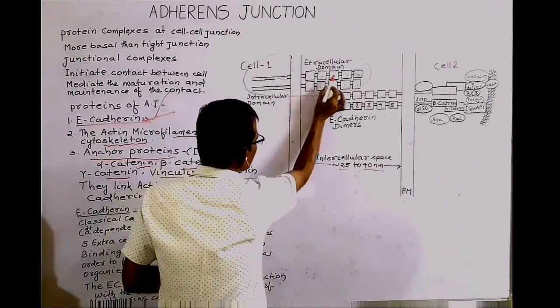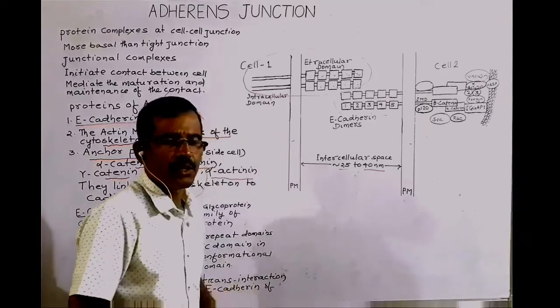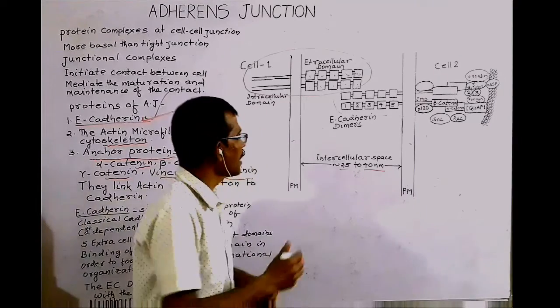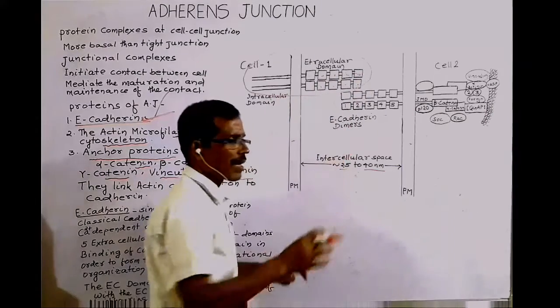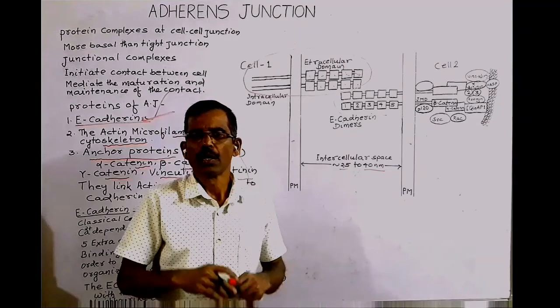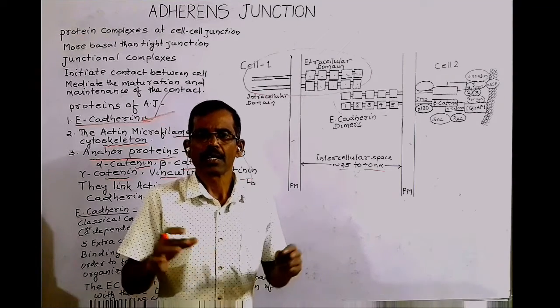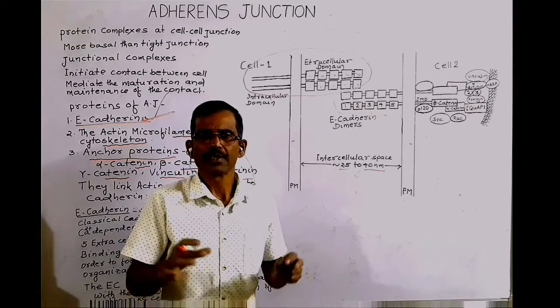These five extracellular cadherin repeat domains bind with calcium ion. The binding of calcium ion with these domains forms the correct conformational organization so as to ensure binding of extracellular domain of E-cadherin of adjacent cells.